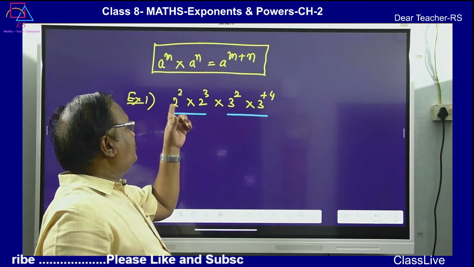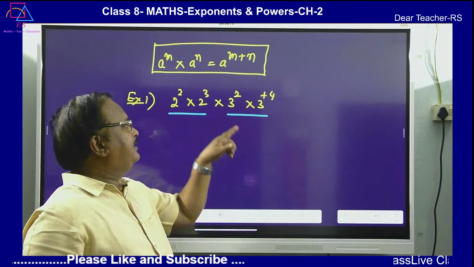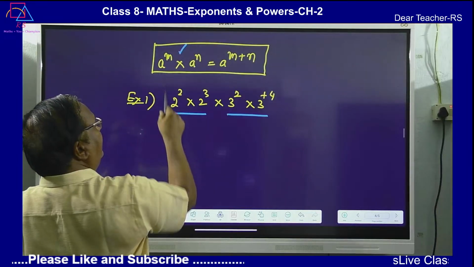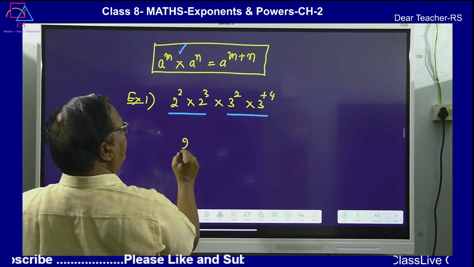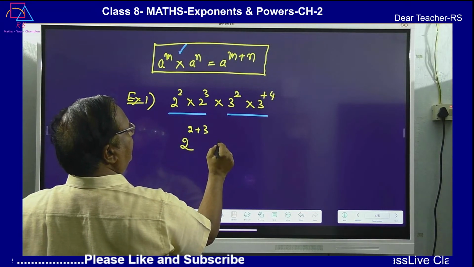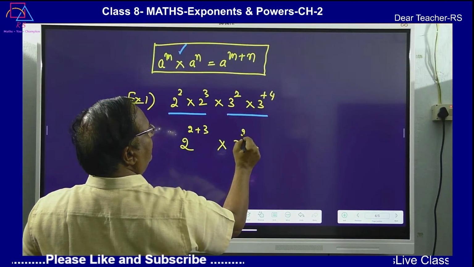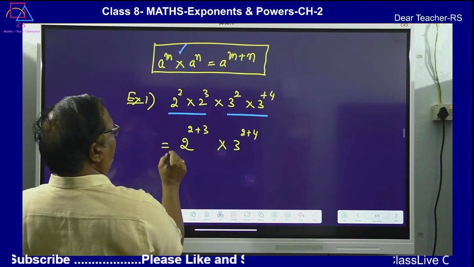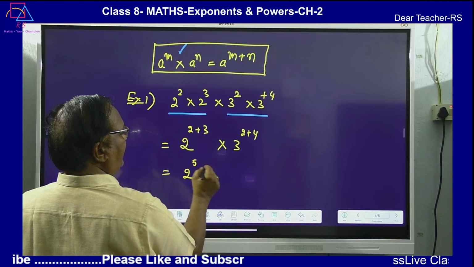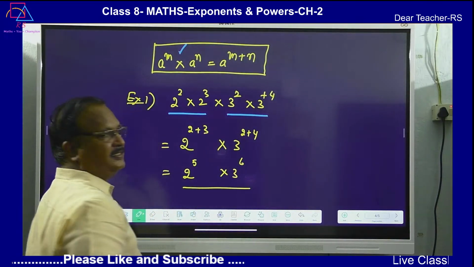That means in these two base 2 is the same, in these two base 3 is the same. Now you can apply this formula here. Same base, you write the same base and add the powers 2 plus 3. You write the same base here and add the powers 2 plus 4. So 2 plus 3 is 5, into 6. So this is the answer.